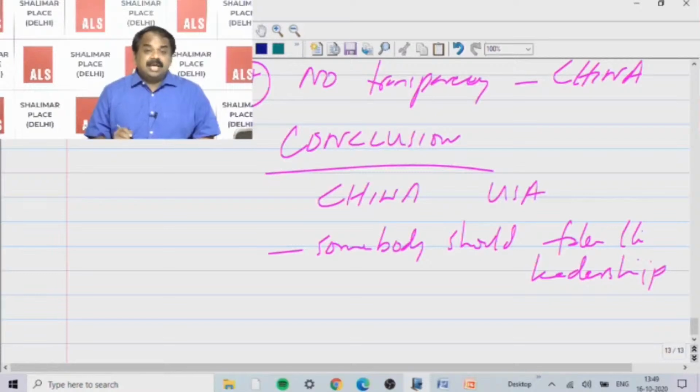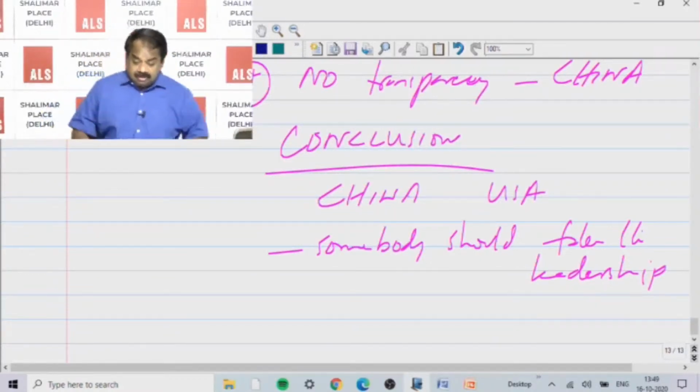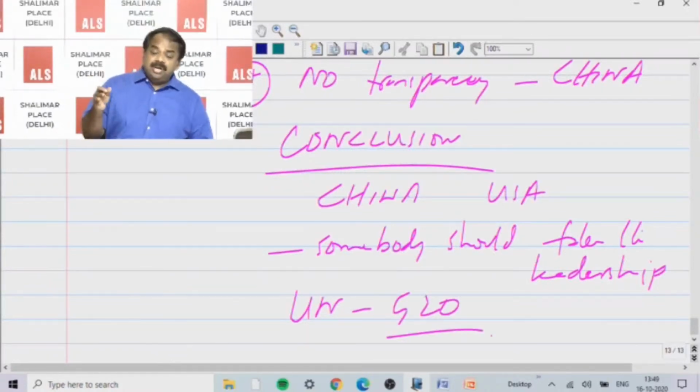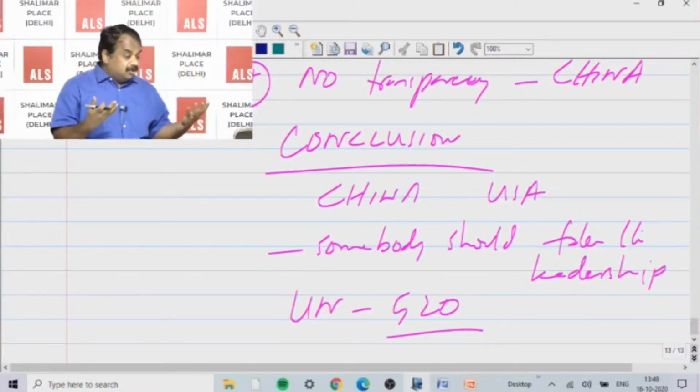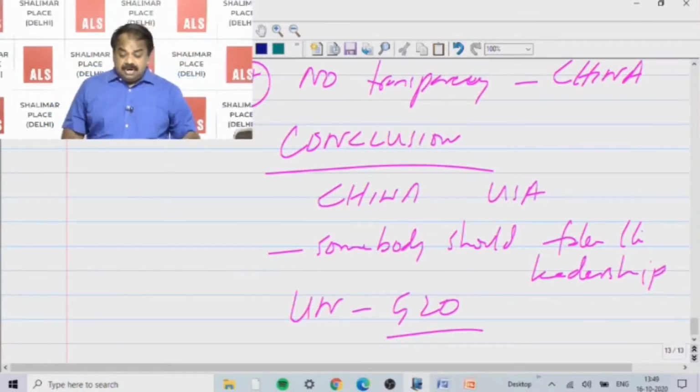Even now, if somebody can take up the leadership and do something, it can be a better world. A coordinated effort even now can change the world situation. Maybe the UN can take a leadership, but the UN is not even doing anything. At least the G20, where 90% of the world's wealth is. If G20 countries take a leadership, it can be done.